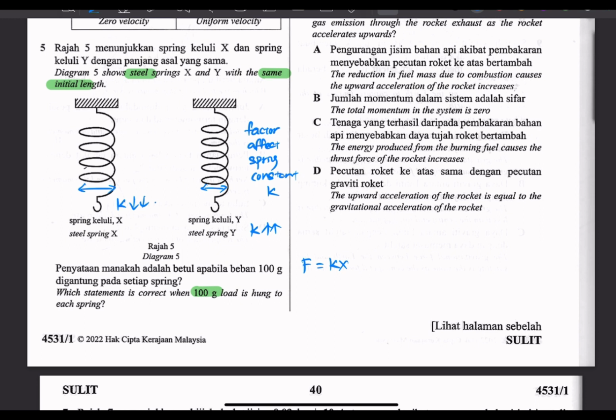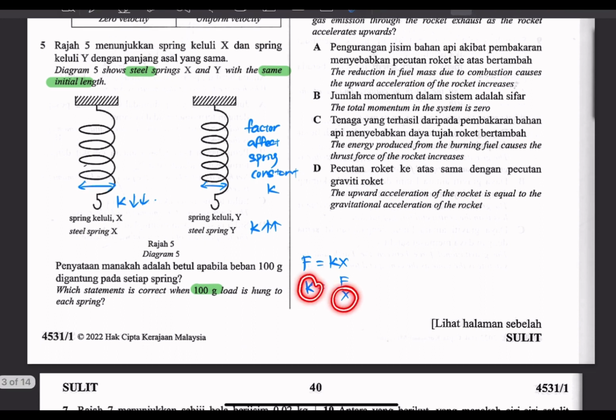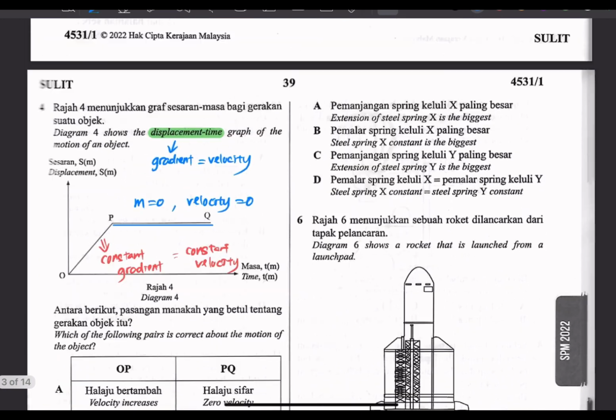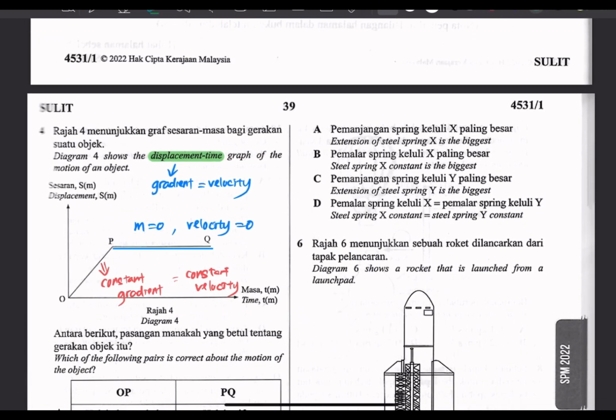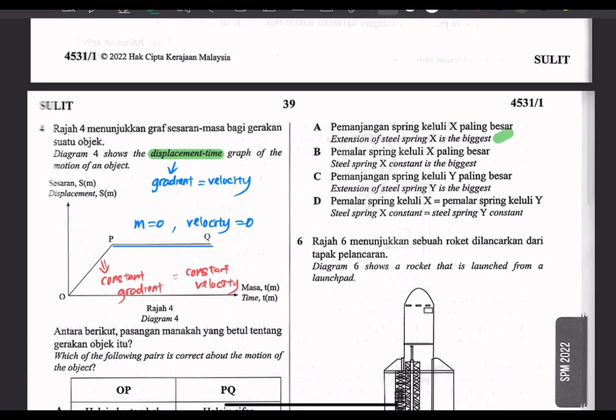Okay, the relation between the spring constant and the extension is inverse proportional. So the spring constant smaller, the extension greater. So the A should be correct.